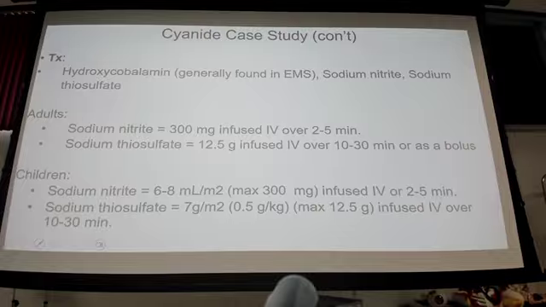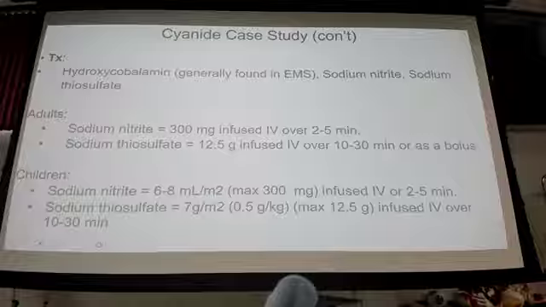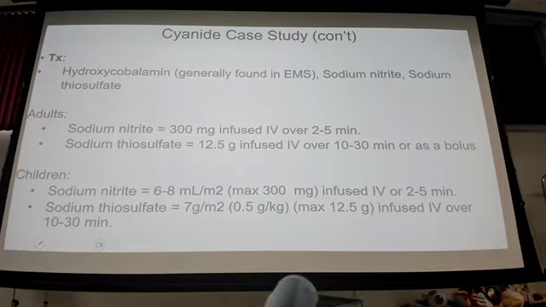And then you would give sodium nitrate and sodium thiosulfate. Those are the gold standard treatment. So hydroxycobalamin usually for EMS persons, and sodium nitrate, sodium thiosulfate in the hospital probably, because those are the mainstay treatments.